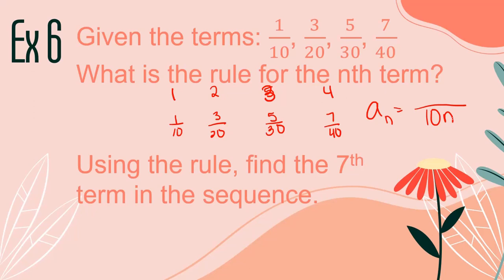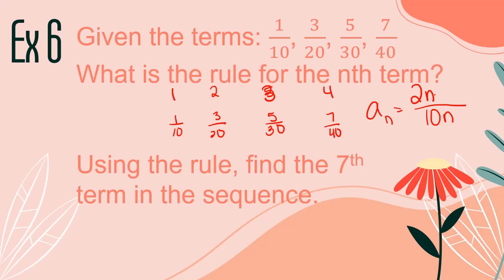Now, how are we getting a 1 up there? Well, we're going up by a constant amount, right? We're going up by 2. So it's probably 2n up there because we're adding 2 each time. So that's my slope of my graph or slope of my rule.